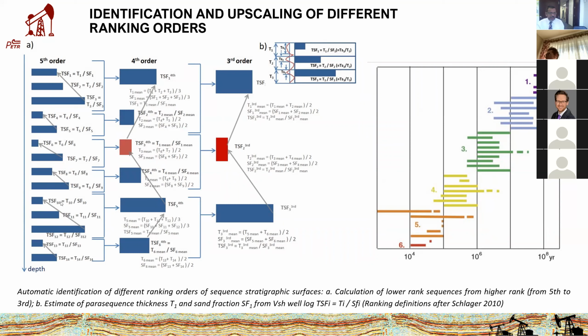So you're taking that into the fourth order as a single sequence boundary, and then finding the total sand-shale ratio of that package, or the sequence set. So each sequence set's sand-shale ratio will then give us the second fourth order.